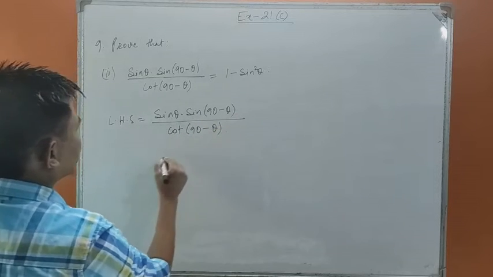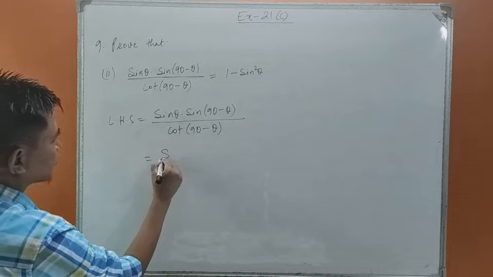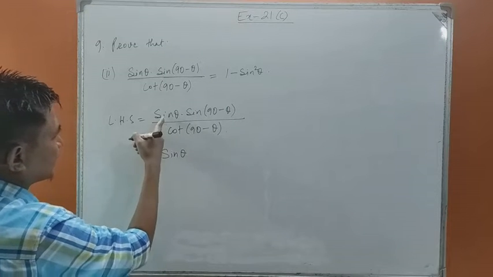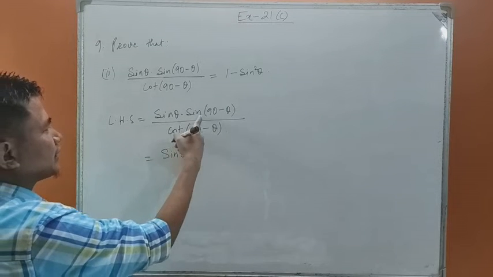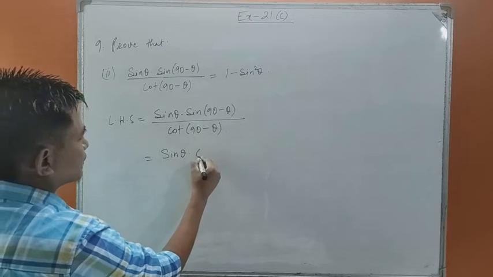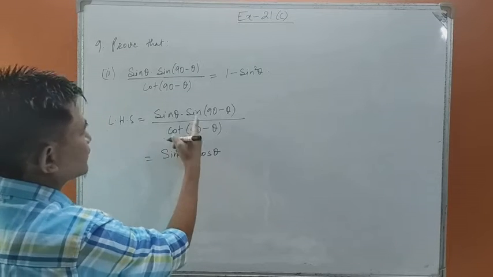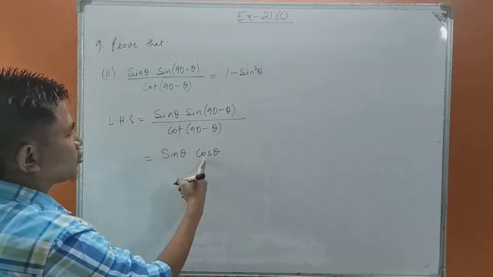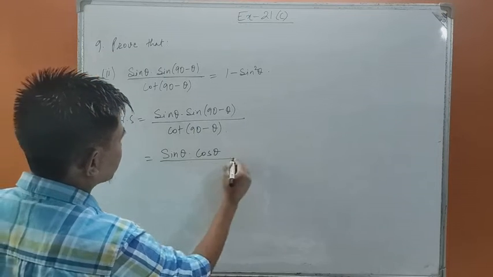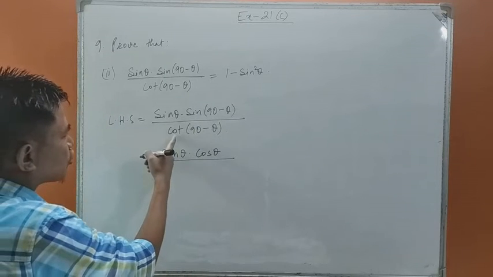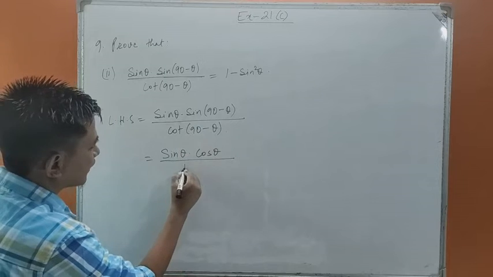This is what we have in the left hand side. So let's do this. Sin theta we write as it is. Now sin 90 minus theta means cos theta, isn't it? Sin 90 minus theta is cos theta. This is what the formula says, isn't it?